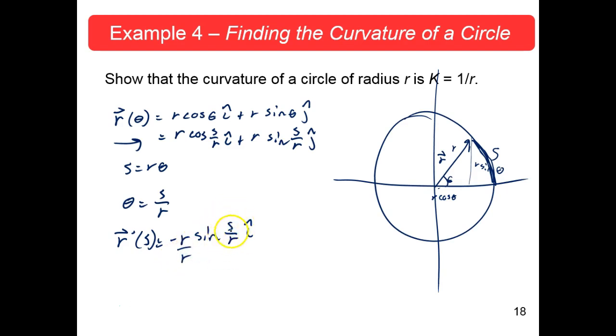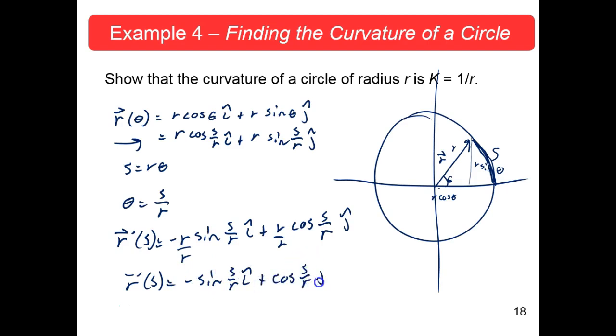Now here, plus r, that would be a plus, cosine s over r times 1 over r, and that would be your j component. So your r prime of s would be minus sine s over r i plus cosine s over r j.